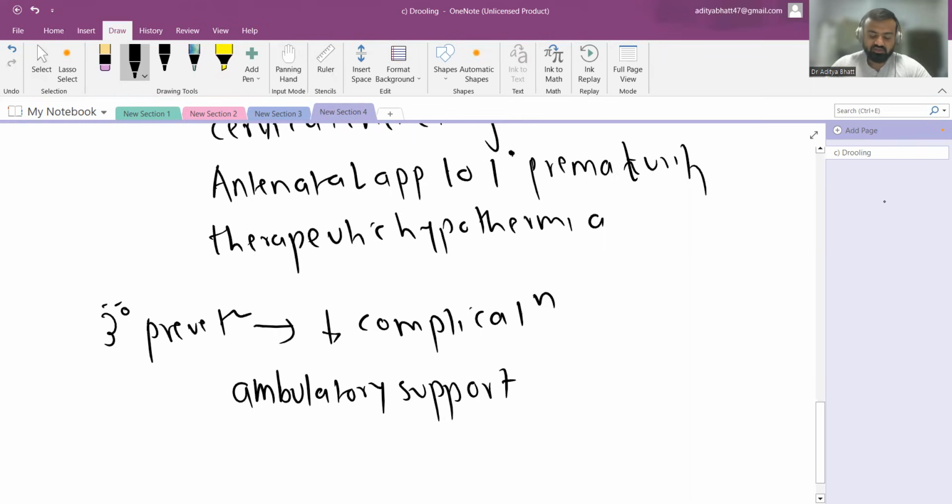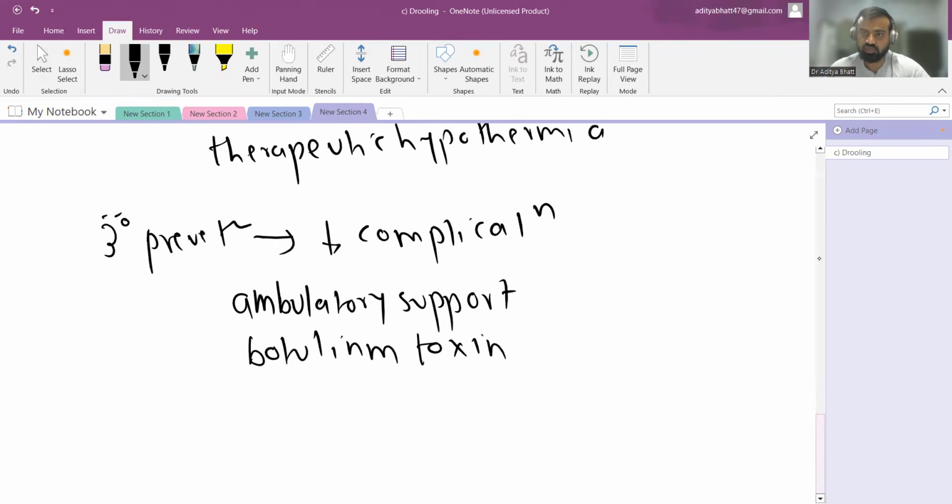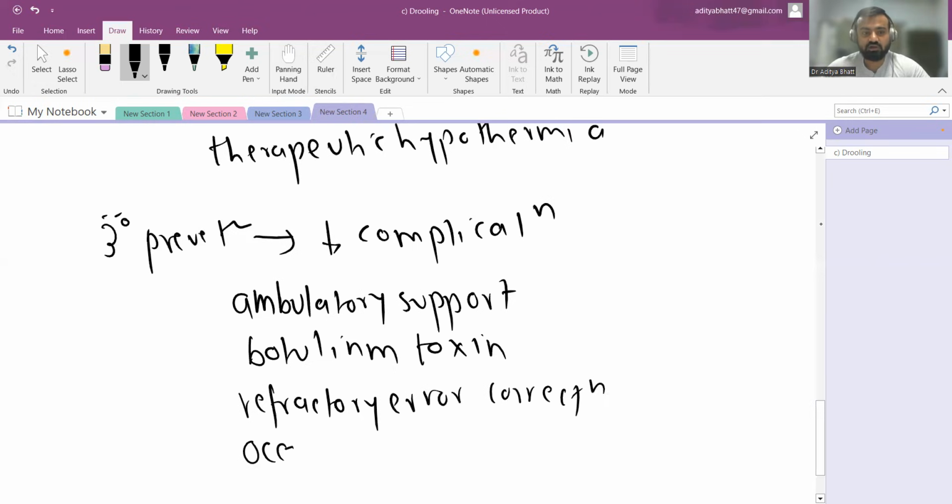Okay, and you go for botulinum toxin and all the things that we discussed now, selective dorsal rhizotomy, or the surgeries that we go for. We go for refractory error correction. And we help with occupational therapy so that they might rehabilitate.